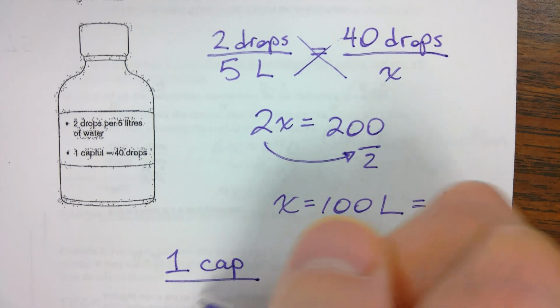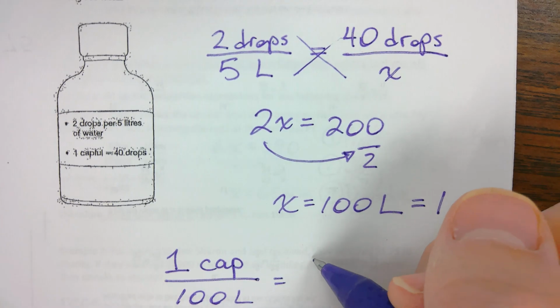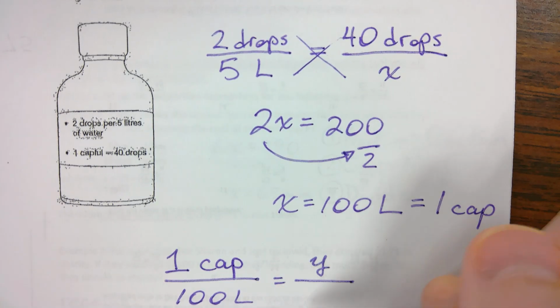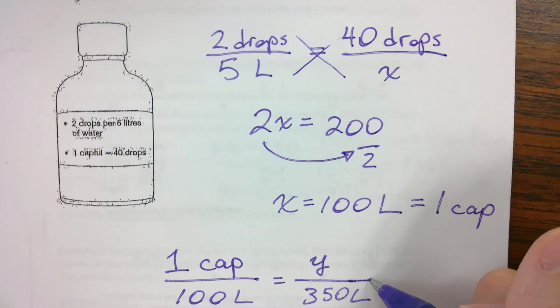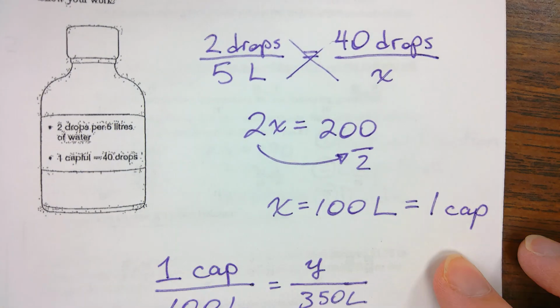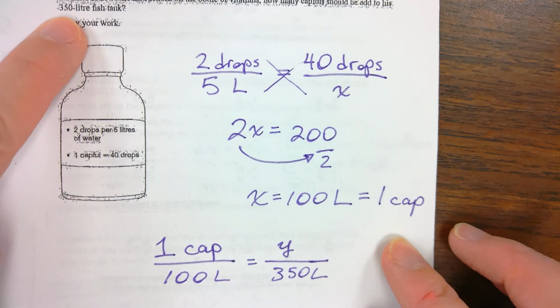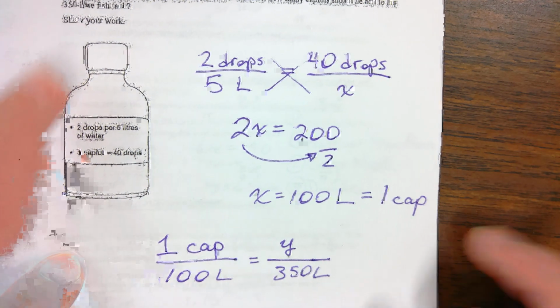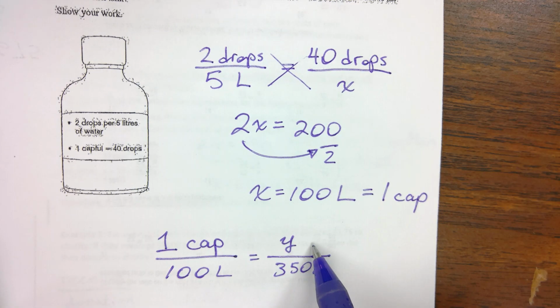We'll call it Y this time. Okay, where are we getting these numbers from? Because we know that it's a 350 liter tank. So that's why we're trying to set up the caps over liters.